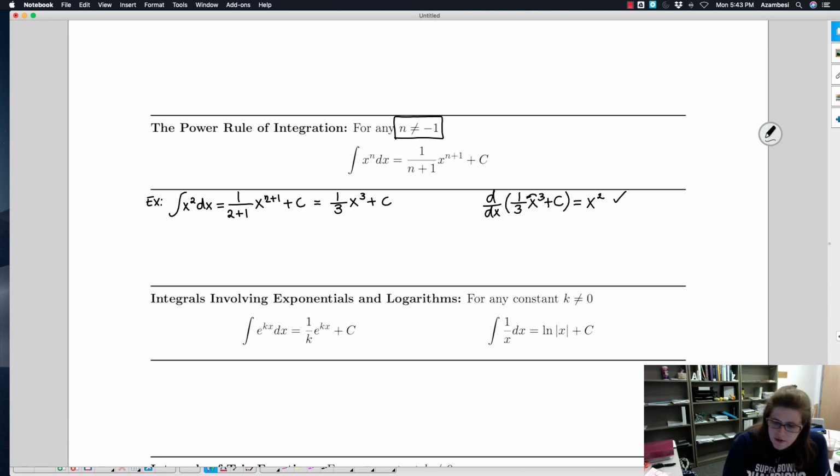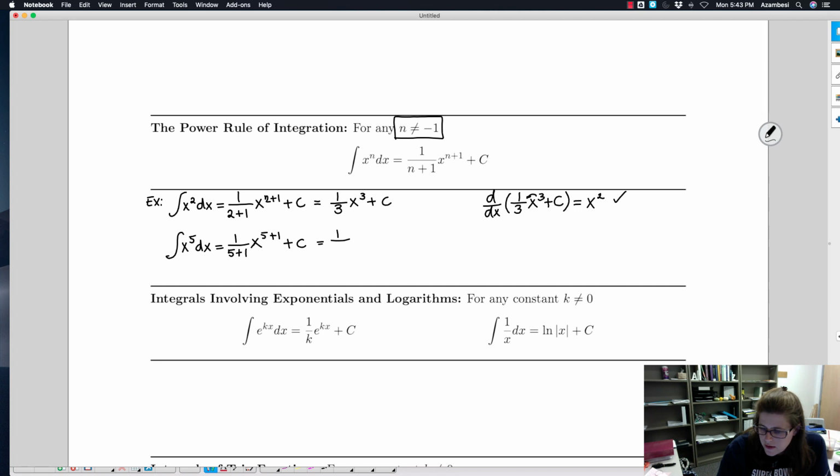Now say I wanted to do a different power, say the antiderivative of x to the 5th dx, with respect to x. Same kind of thing, so I end up with 1 over 5 plus 1, x to the 5 plus 1 power, plus c.